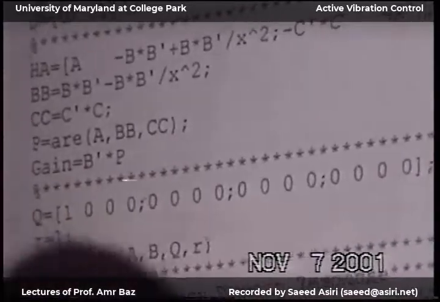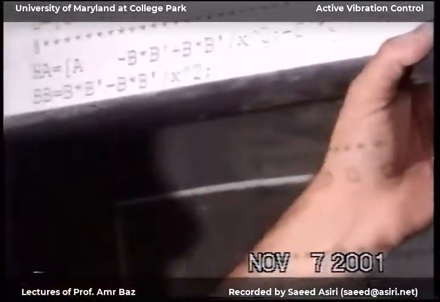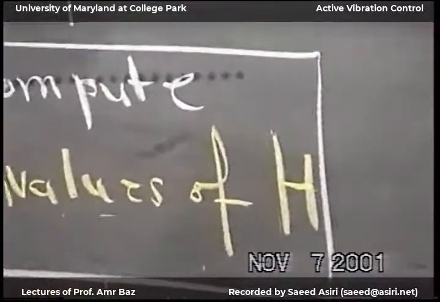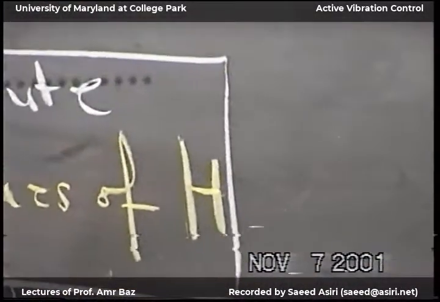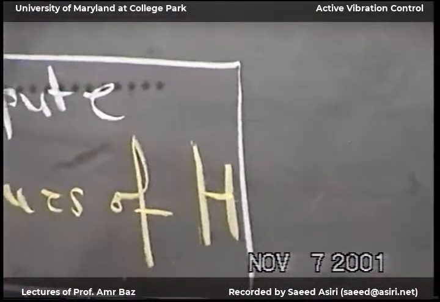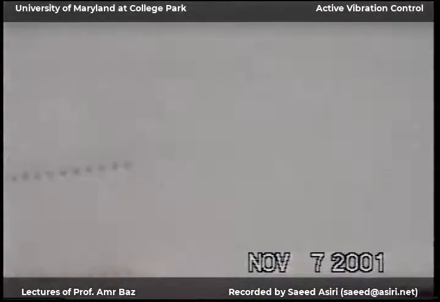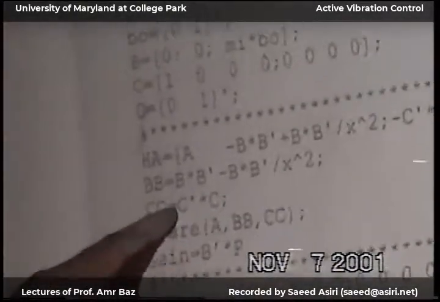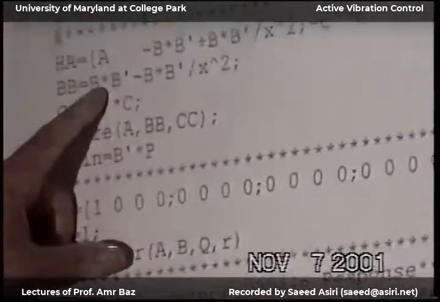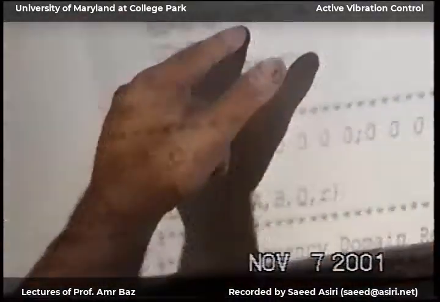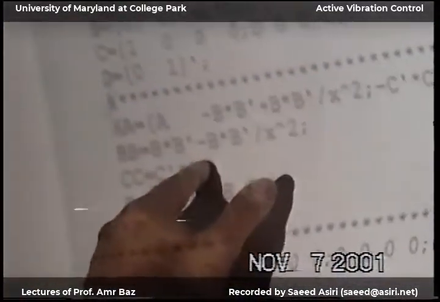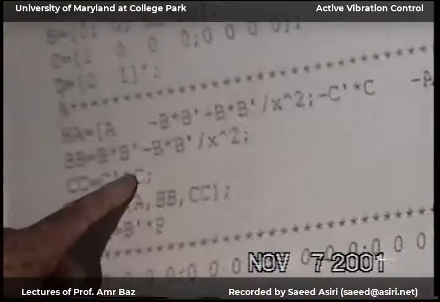So we form this Riccati equation, and this Q, I put it here as B, B transpose minus F, F transpose over gamma squared.